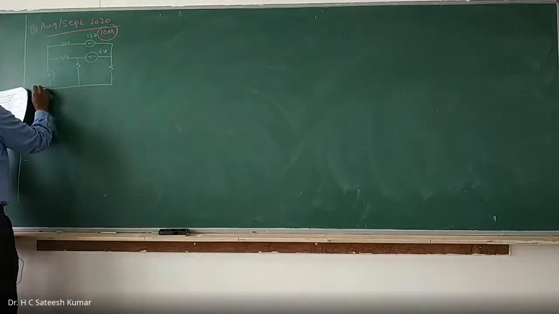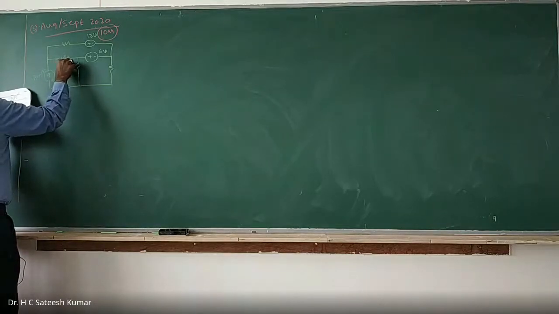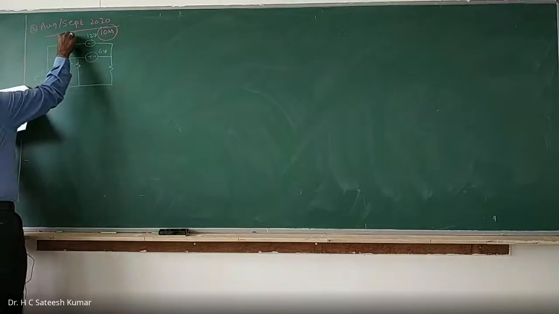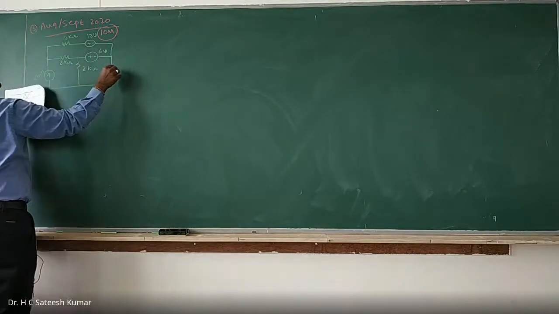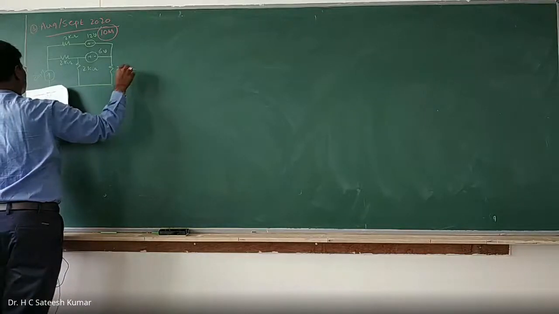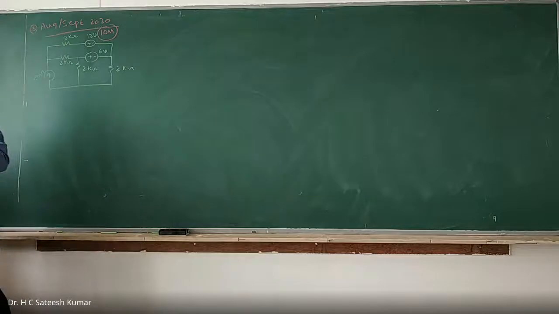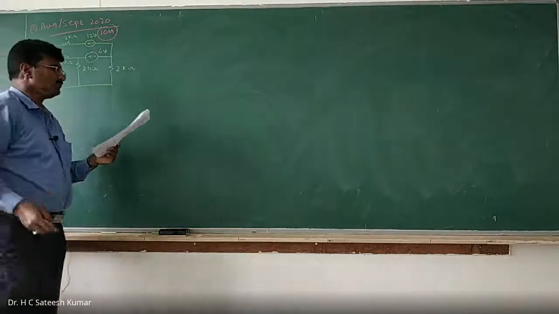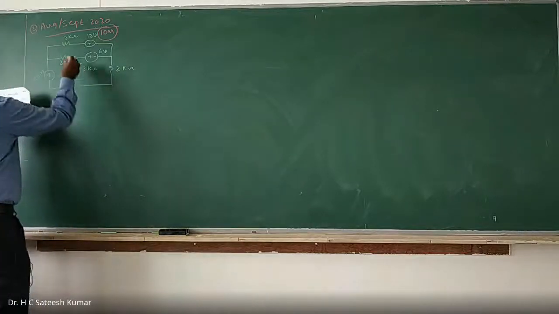So this is 2 milliamps. This is 2 kilo ohms. This is also 2 kilo ohms. This is also 2 kilo ohms. This is also 2 kilo ohms. So just to make it simple, he has given all the values equal. Okay, right. And this is 6 volts. And he called this current as I naught.